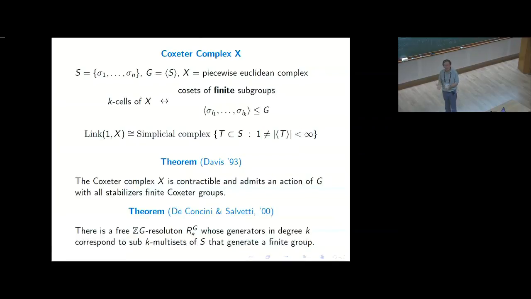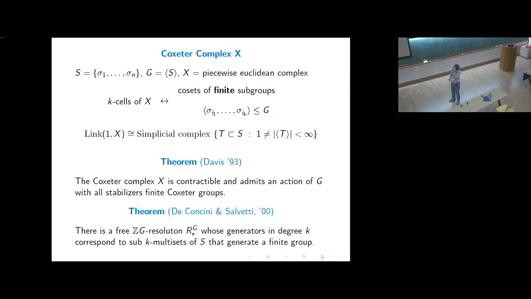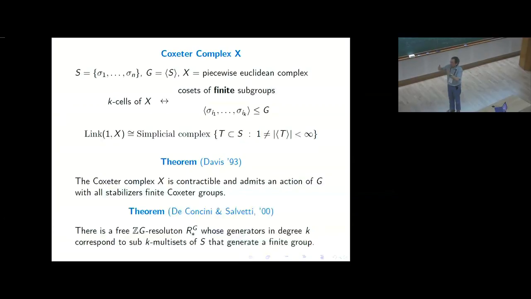For any Coxeter group, finite or infinite, there is a free ZG resolution whose free generators in degree k correspond to the size-k multisets. A multiset allows an element to occur twice; I could have an x and an x, and I'd refer to it as x squared. So a multiset is something with k elements, but the elements can be repeated.